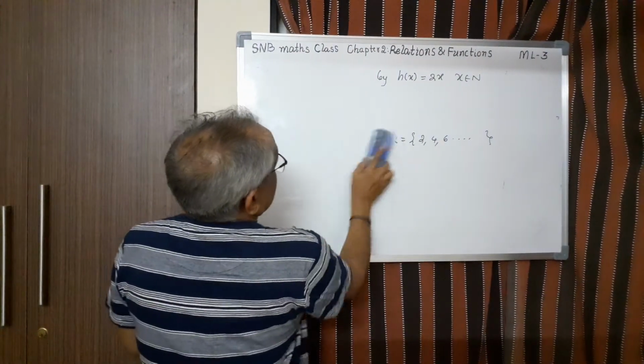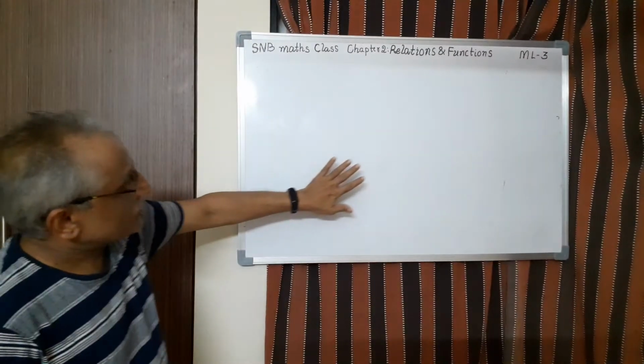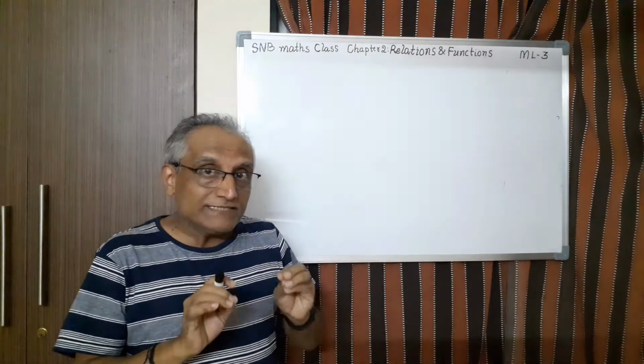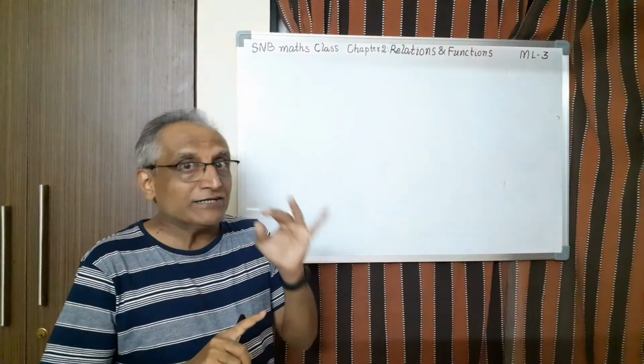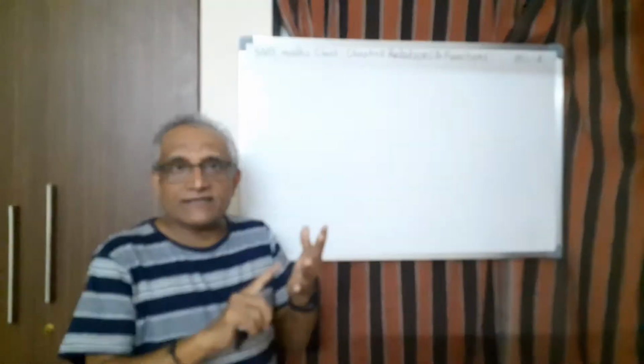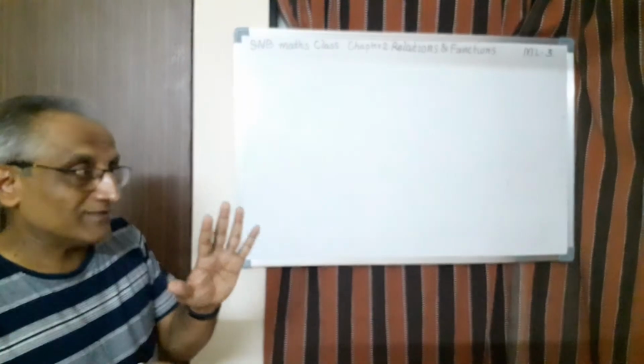Normally a function is defined by this one. h is a function from A to B defined by. That's the way a function is given. So this is the first thing. So let me sum up now. Function is a special type of relation having two conditions: every element and only one element, unique. Then 5 terms you have to remember: pre-image, image, domain, codomain, and range.